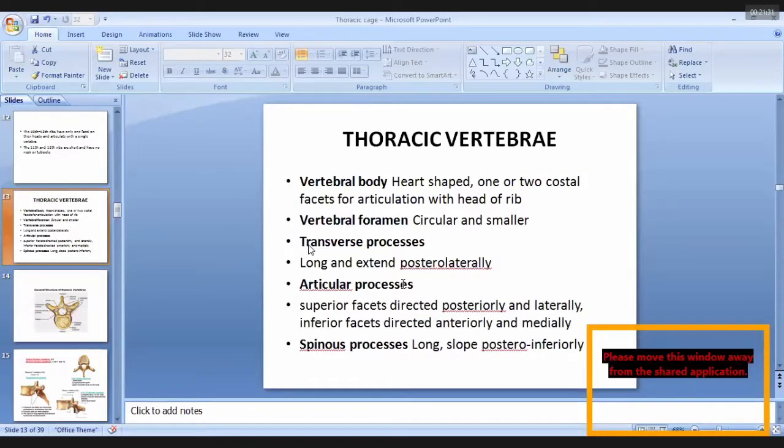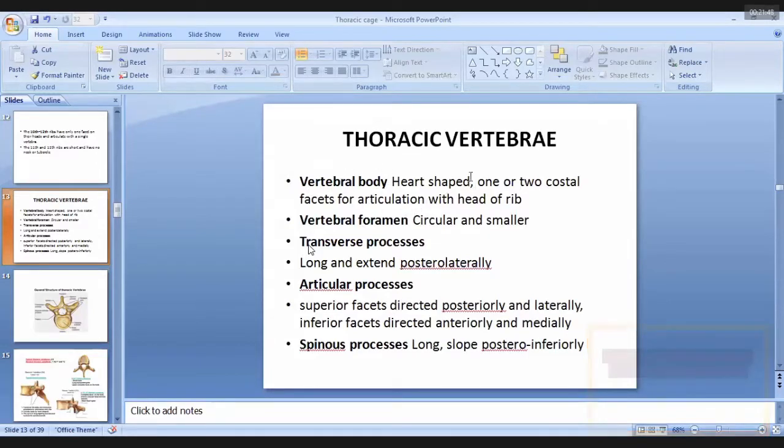Now the features of the thoracic vertebrae, the features on which we differentiate the cervical, thoracic, lumbar, sacral, and other vertebrae. The vertebral body of the thoracic vertebrae is slightly heart shaped, resembling the heart structure.